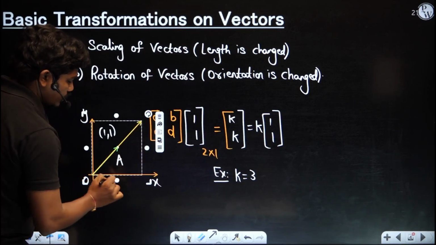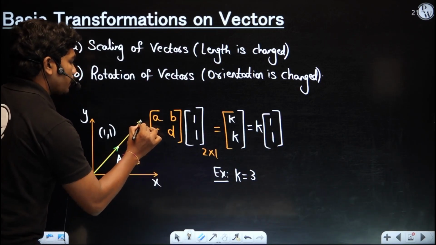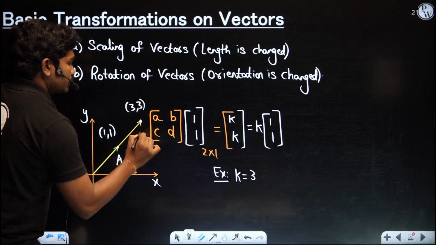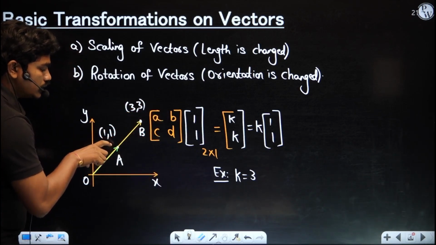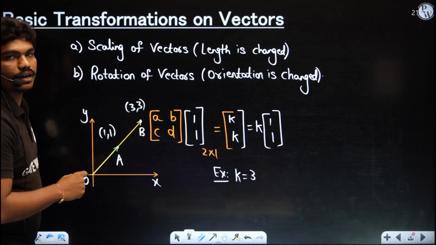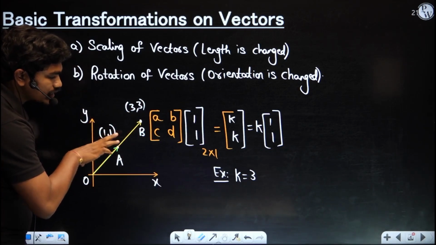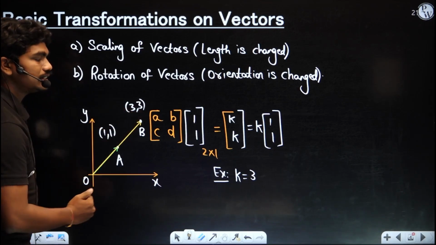So this vector is (3, 3), and this is point B. What happened here is that initially the vector is OA, and we changed this OA to OB. So this vector's direction is not changed, but the length of the vector is changed.